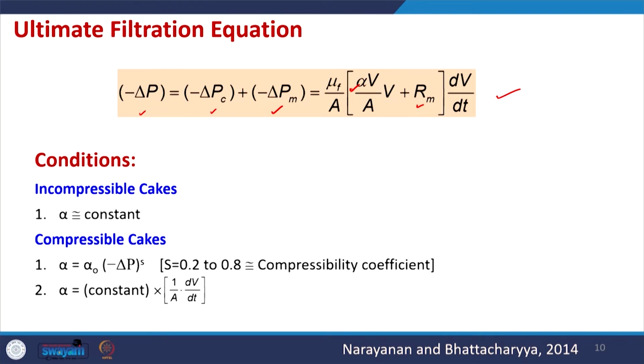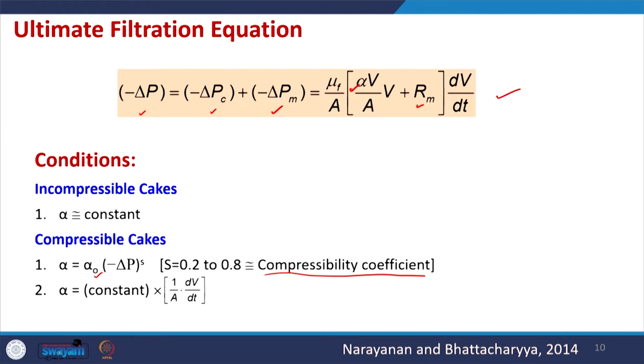For a compressible cake, alpha can be represented as alpha 0 times the pressure drop raised to S, where S may vary from 0.2 to 0.8. This is called the compressibility coefficient, and it can be obtained experimentally for various types of cake.